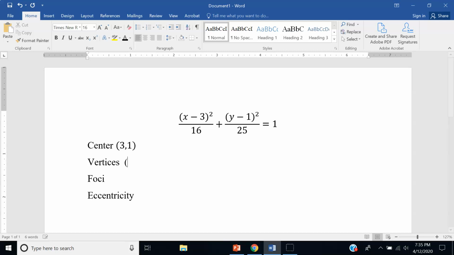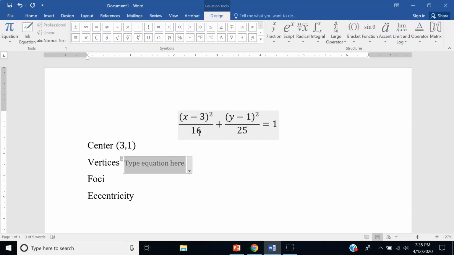So we're going to have 4 vertices. The first, I'm going to have to do plus or minus 4 onto the x value.